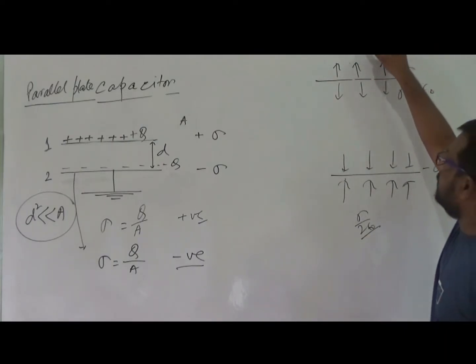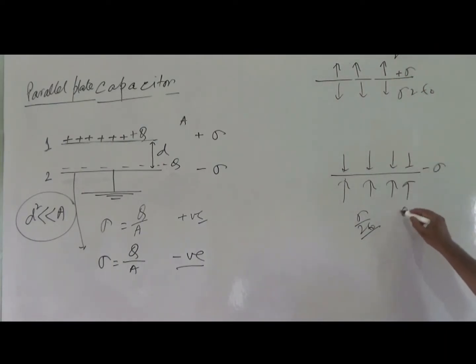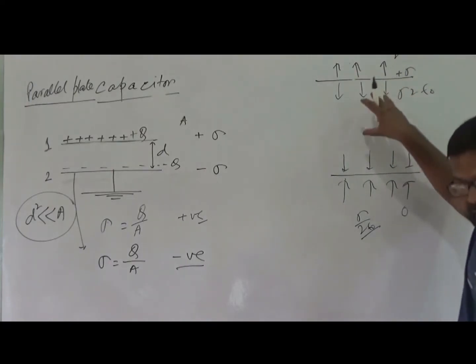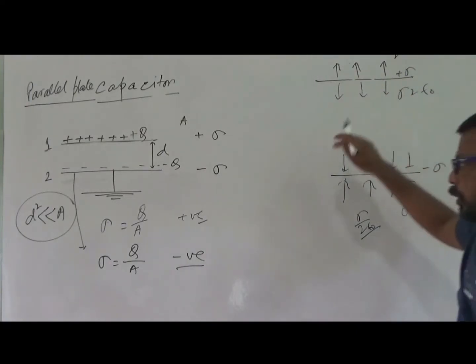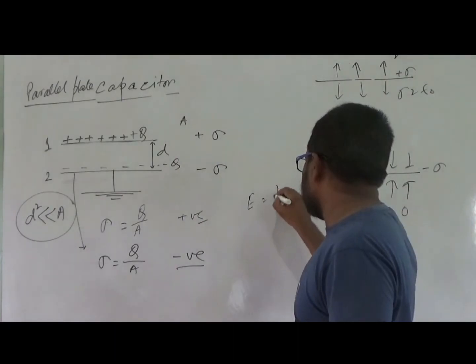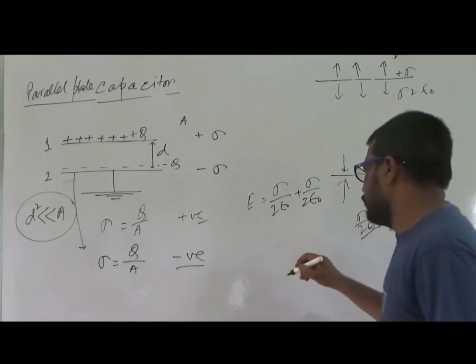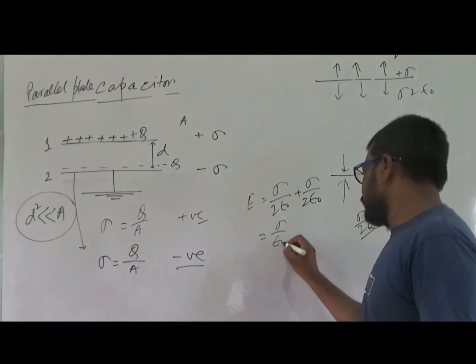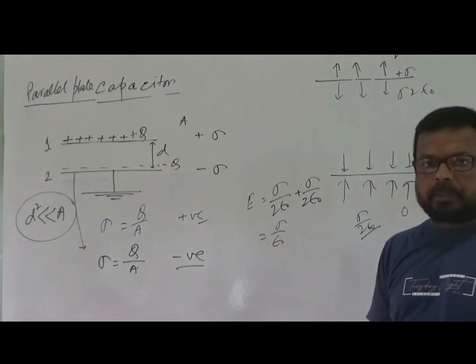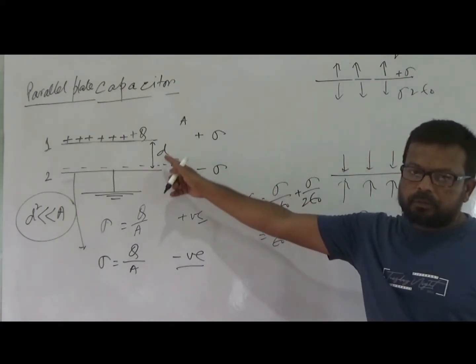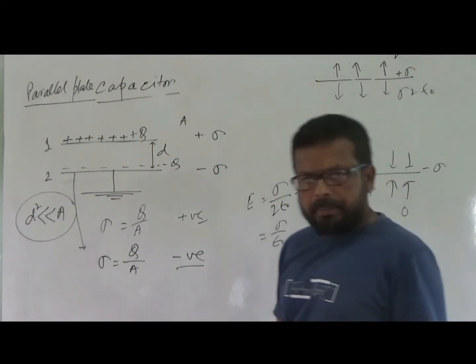Then in this region the field will be 0, in this region also the field will be 0, but the field in between the two plates will be E equals sigma by 2 epsilon 0 plus sigma by 2 epsilon 0, that is sigma by epsilon 0, and the direction of the field will be from plate 1 to plate 2. We have discussed this earlier.